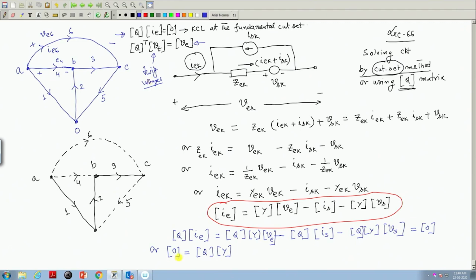That was the spirit. So this is Q into Y, but for Ve I can write Q transpose into the twig voltages. Substitute this, and this minus Q into Is minus Q into admittance Y into Vs.